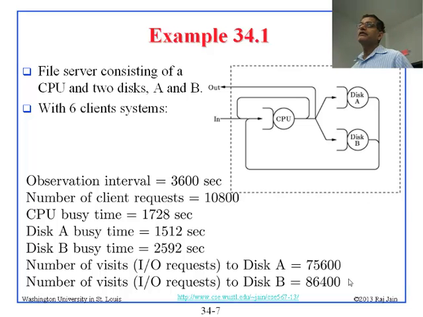But this is single server, so only one can go out. More than one can come in, yes, that is possible. There is some probability that more than one can come in. But getting out is only one, right?